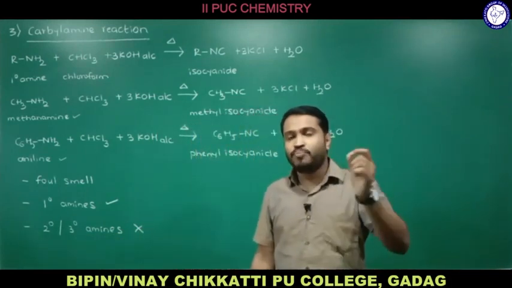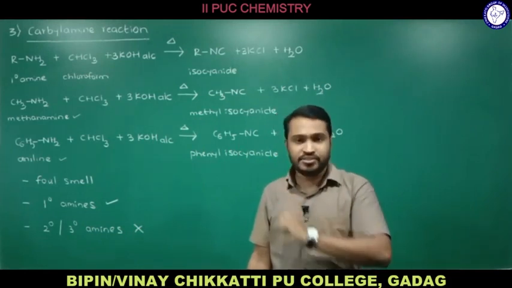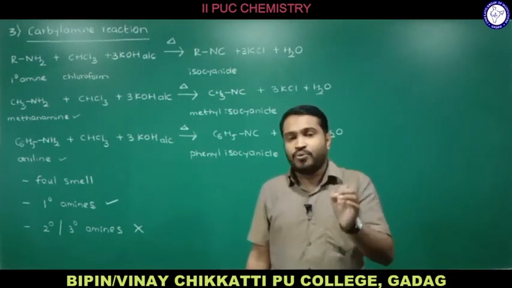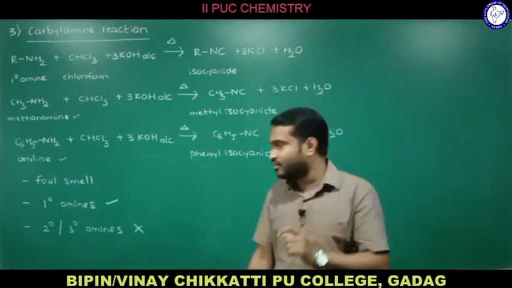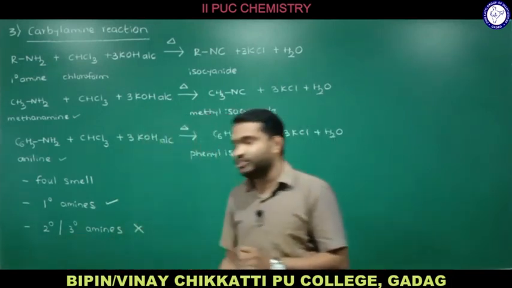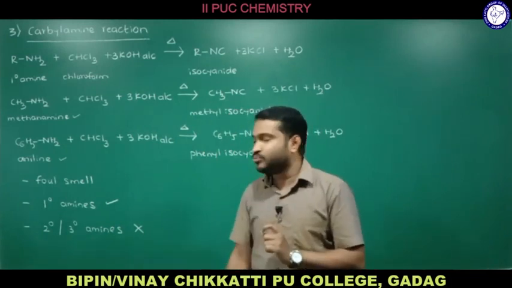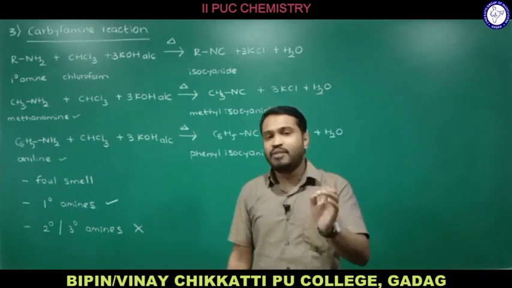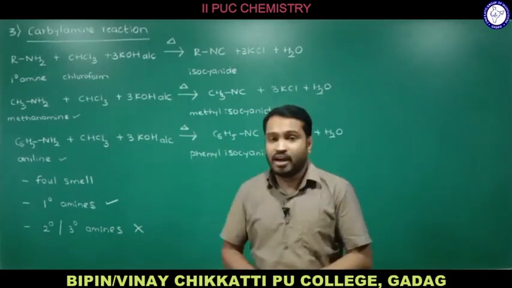So when you move from primary to secondary to tertiary, the steric hindrance increases, so approaching the lone pair of electrons present on the nitrogen becomes difficult in secondary and tertiary amines. Therefore, the carbylamine reaction is not given by secondary as well as tertiary amines. Only primary amines give a positive test for the carbylamine reaction.